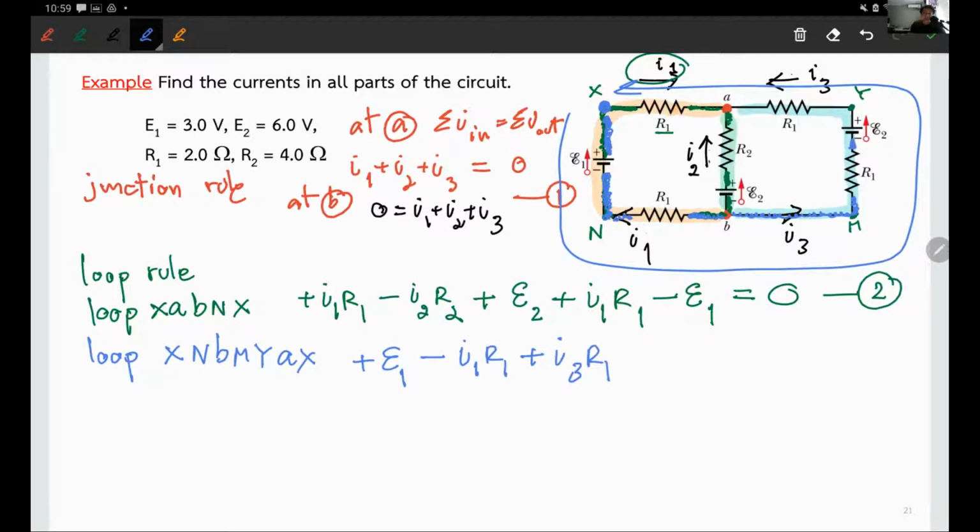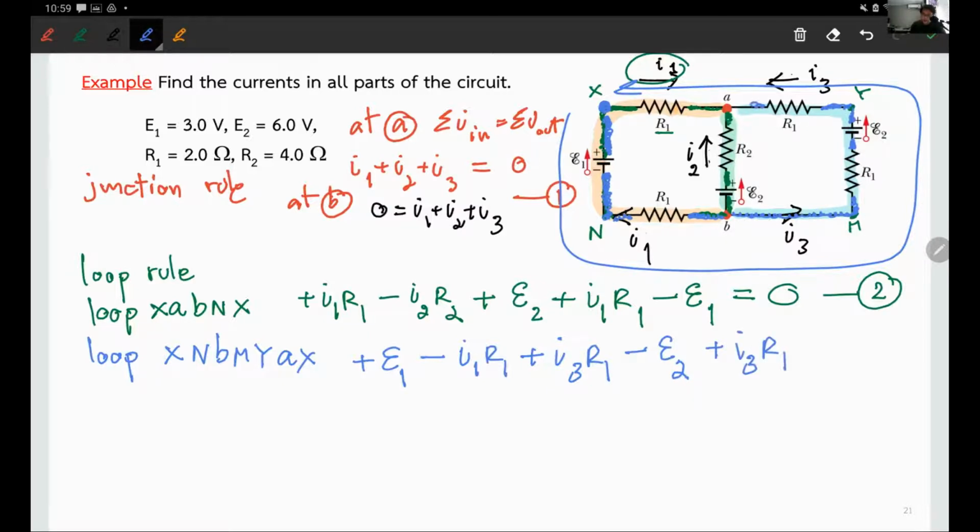Now I hit the negative end of the E2 on the right, negative E2. Now I am at Y, turn. Now I see another resistance R1 with the current I3 going through, but the I3 is pointing in the same direction as my walking, so it's a positive I3 R1.